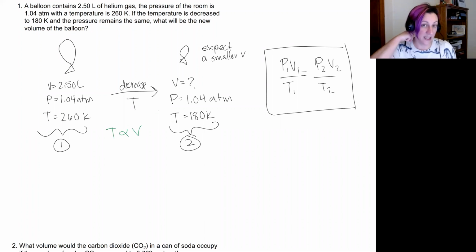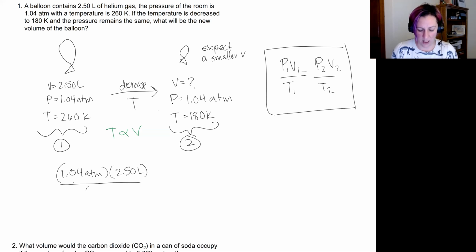All right, so plugging in our values, our first pressure and our second pressure is 1.04 atmospheres times our volume of 2.50 liters divided by our temperature of 260 Kelvin is equal to our pressure of 1.04 atmospheres. And since that pressure isn't changing, you could also use just one of the simple gas laws, which only relates two of the variables. But I find it easier just to memorize one equation rather than 3.